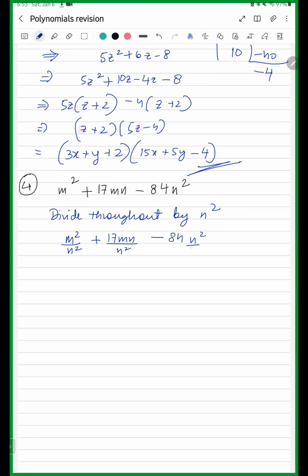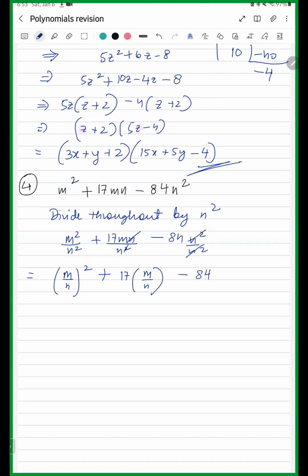So this becomes m by n whole square plus, here this n gets cancelled with one n over here, so this is 17 m by n, and here n square and n square get cancelled. So it's minus 84 multiplied by 1, which is a constant.